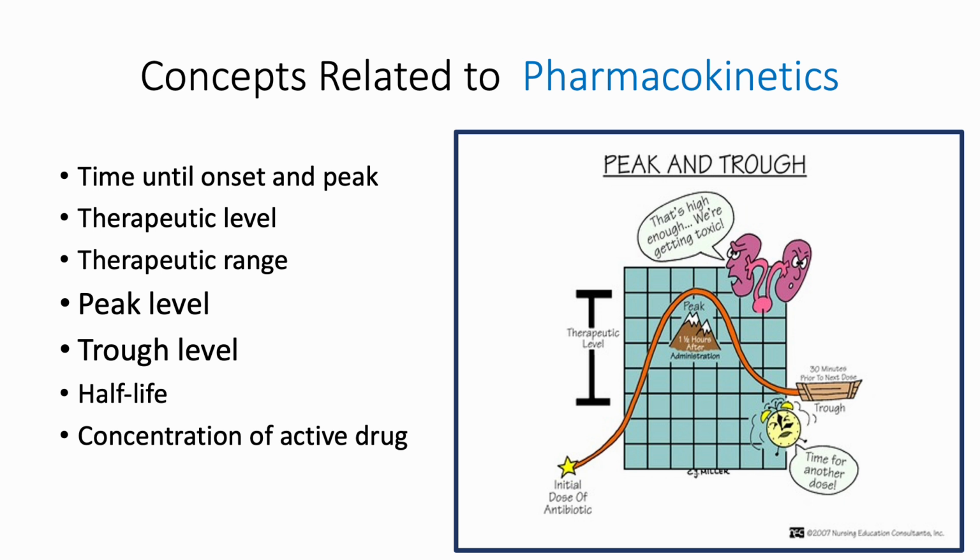That will be listed on the drug label as a therapeutic dosage range. A lot of times there's going to be a lower end of that amount, so it may say 5 milligrams per kilogram per dose, and then a high range, so 5 to 10 milligrams per kilogram per dose. That would be your therapeutic range for that drug.